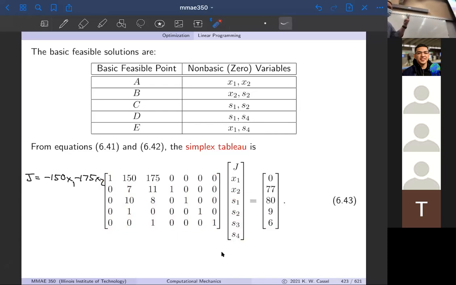J plus X1, X2, plus the S's, S1, 2, 3, and 4, I should have 7. So that makes sense. And it should always be underdetermined. Remember, it should always be underdetermined. The number of rows should always be less than the number of columns.